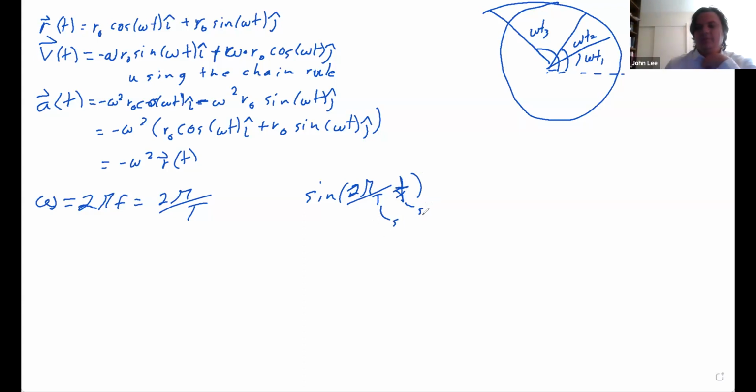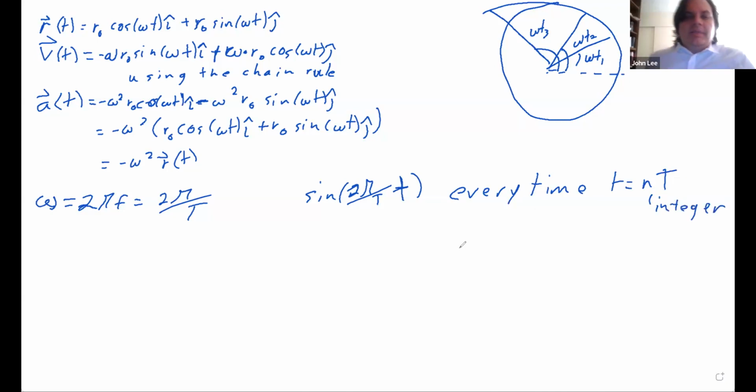I don't know if you remember this from math class, you should have learned it at some point, but every time t equals n times T, some integer n times T, then this value 2 pi over T times t is going to go to n times 2 pi.